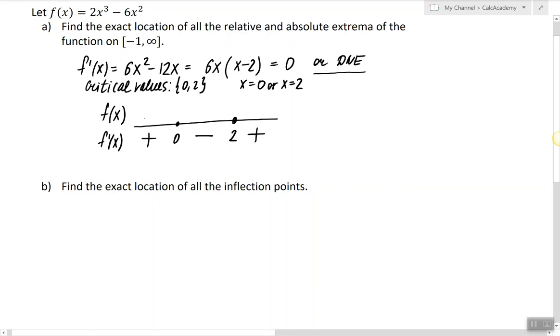Where the derivative is positive, the function is increasing. Where the derivative is negative, the function is decreasing. And where the derivative is positive again, the function is increasing. This means that we have a relative max at 0 and relative min at 2. So we can find f of 0. f of 0 is 0.